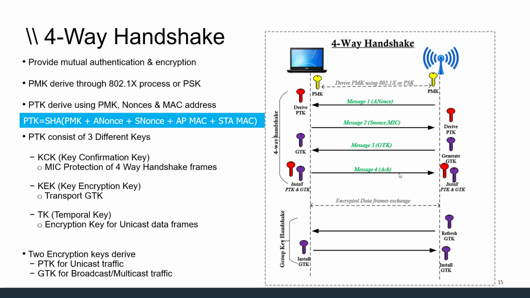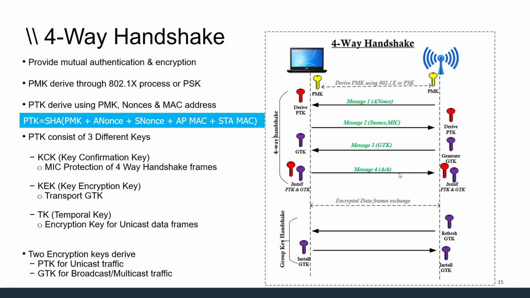That pairwise transient key actually consists of three different components, what we call the key confirmation key, the key encryption key, and the temporal key. The key confirmation key is used to derive the message integrity code to provide integrity for these EAPOL messages, the four-way handshake messages. Then the key encryption key is used to encrypt key parameters within the four-way handshake, so nobody else can read that secret data.